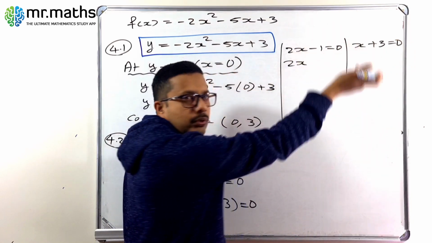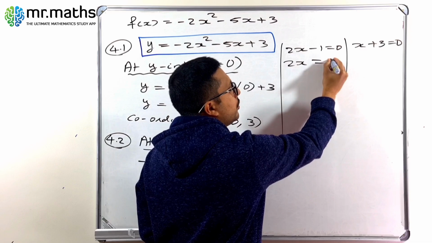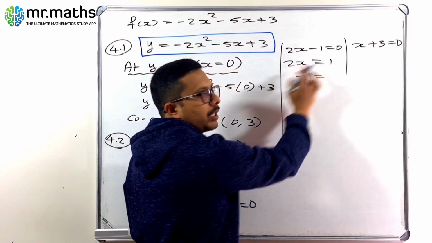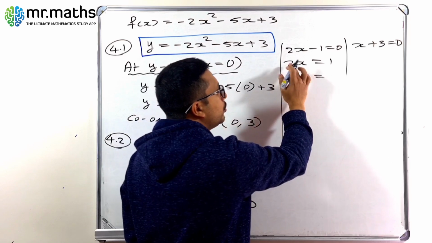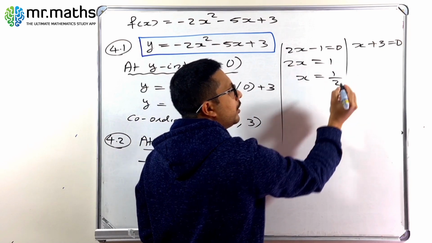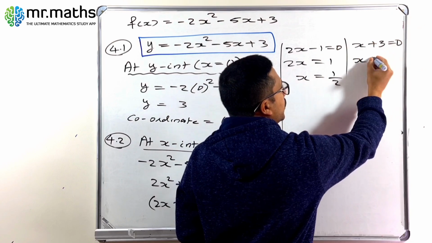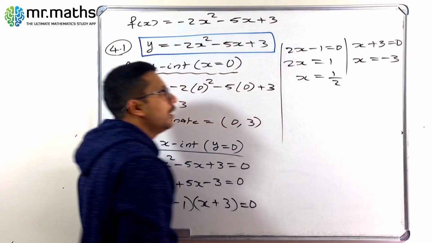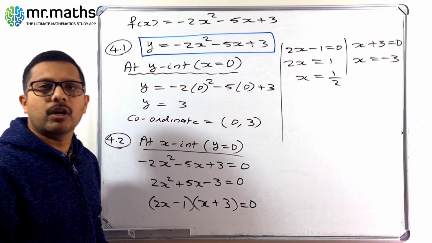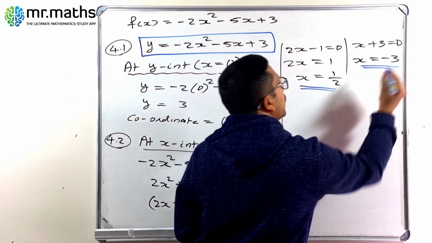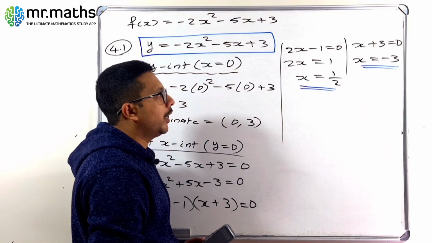Take this minus 1 to the other side, so it is positive 1. From here, what is x? Divide both sides by 2. So 2 cancels, 1 divided by 2. Then here, take this plus 3 to the other side, so it is going to be minus 3. So the x values are 1 over 2 and minus 3. There are two x values you got: 1 over 2 and minus 3.